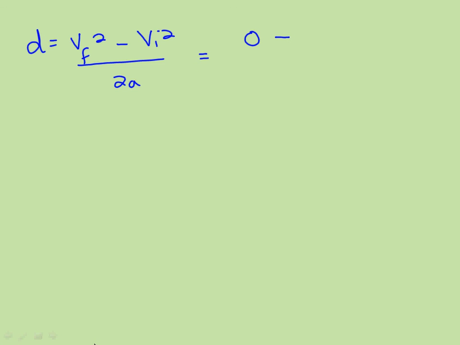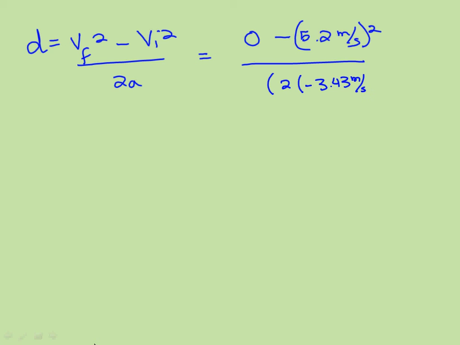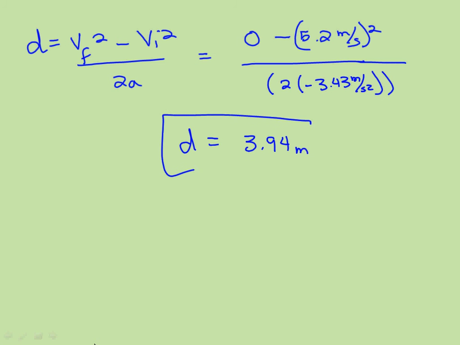So 0 minus 5.2 meters per second, squared, divided by 2 times negative 3.43 meters per second squared. Work your magic with your calculator, and I have an answer of 3.94 meters. That's how far the shuffleboard disc will go before it slides to a stop.